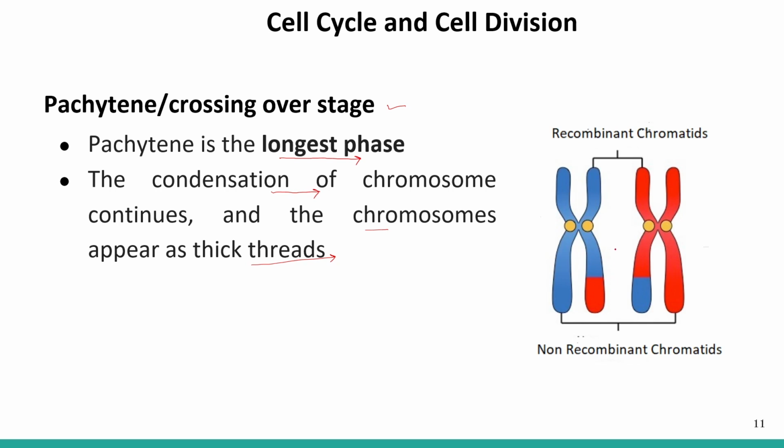You can see crossing over has taken place between this chromosome and this chromosome. Crossing over always takes place between the non-sister chromatids. So crossing over will take place between this one and this. These are non-sister chromatids.